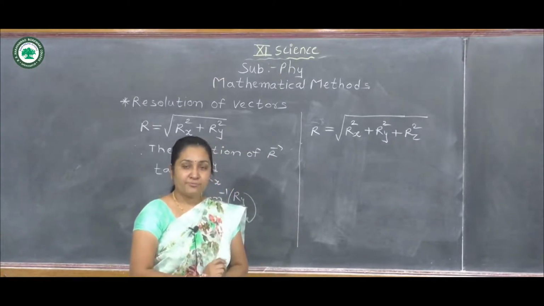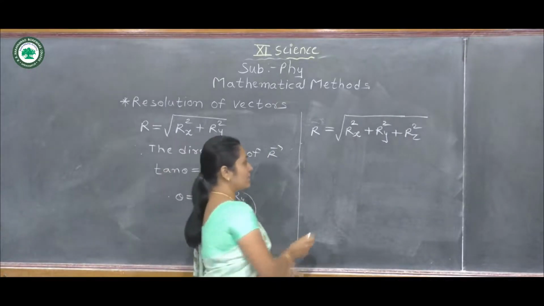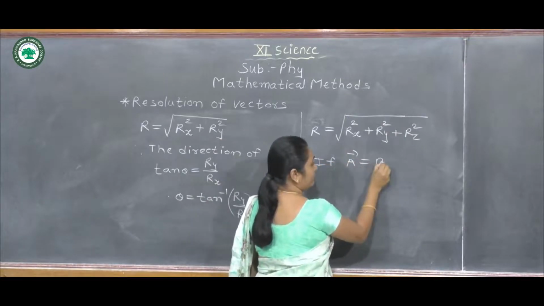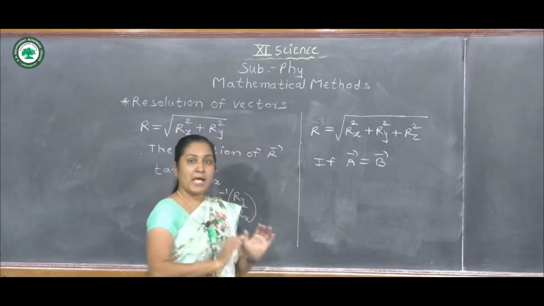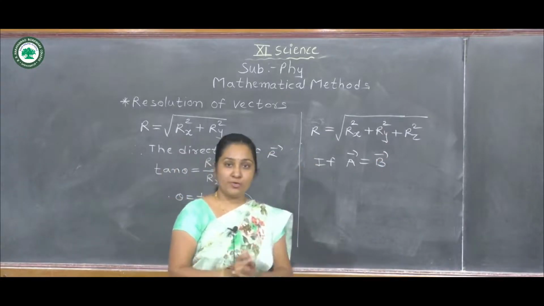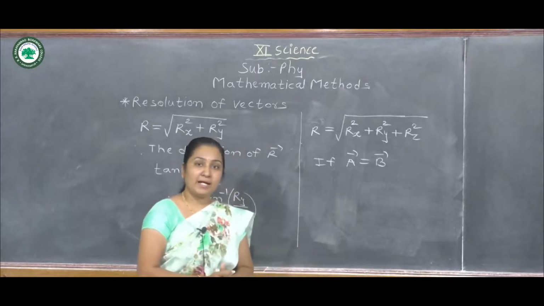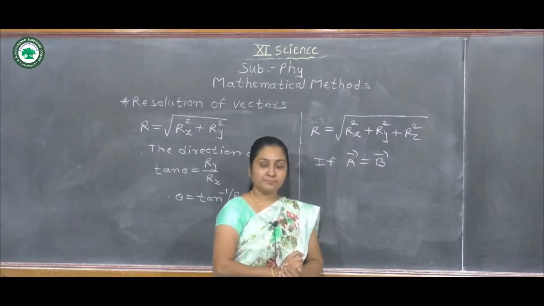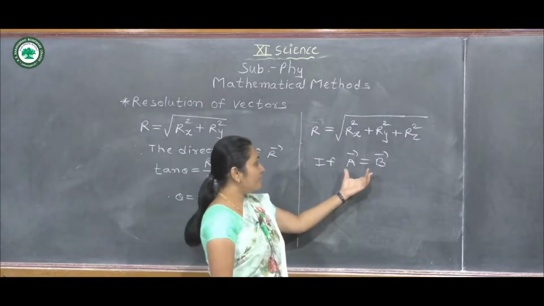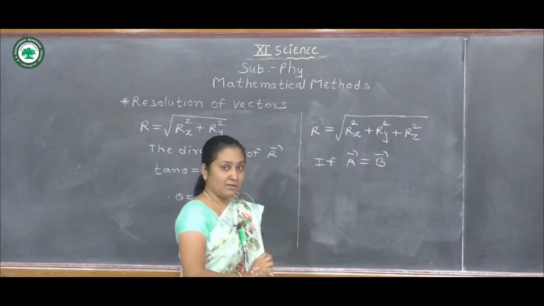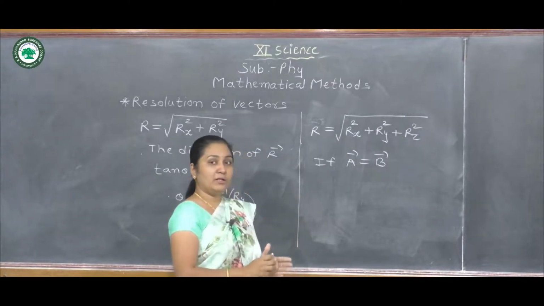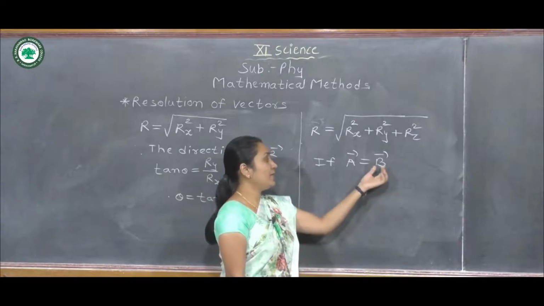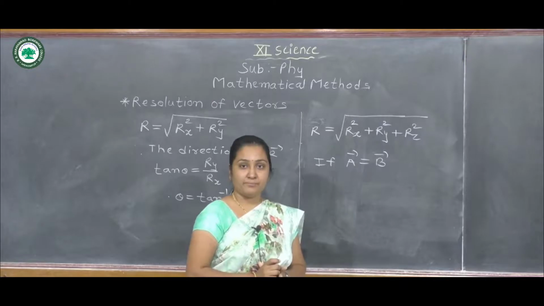Now if we have two vectors, a bar and b bar, and we can write vector a bar is equal to vector b bar. The meaning of these equal vectors is that the x component of vector a bar is equal to the x component of vector b bar.